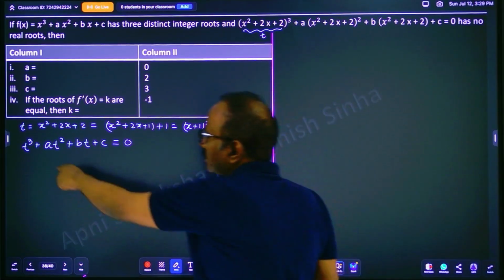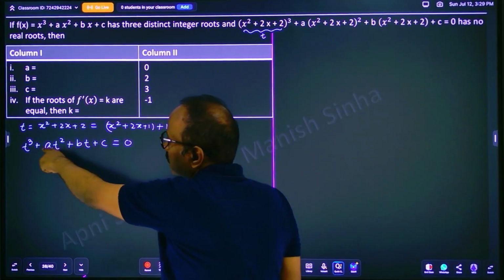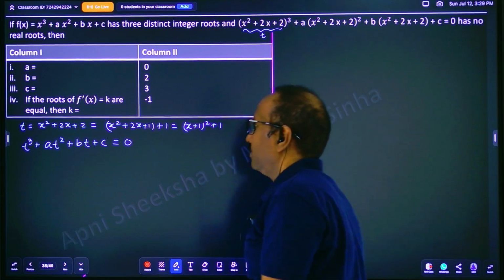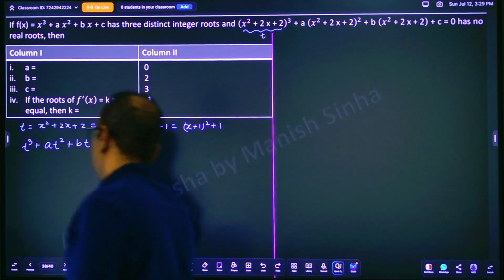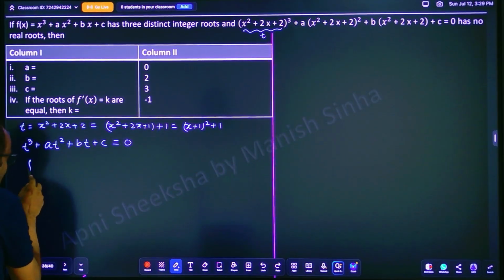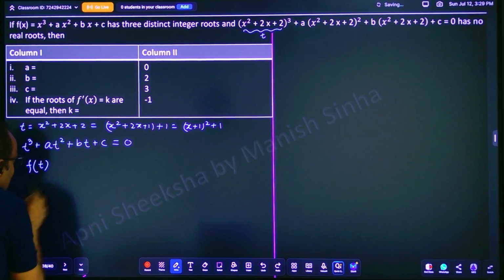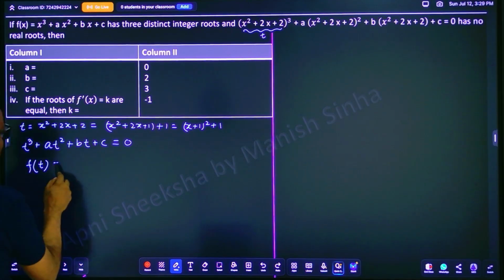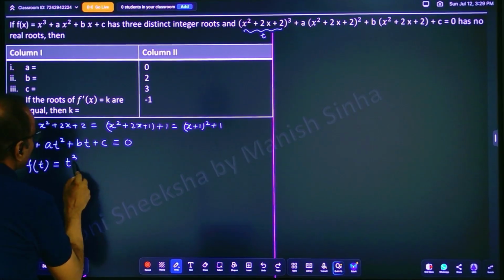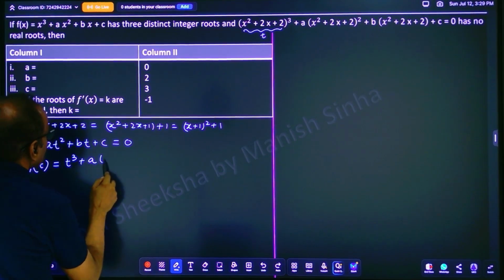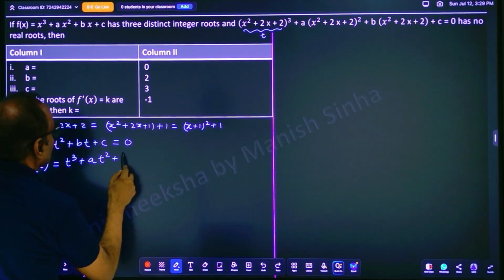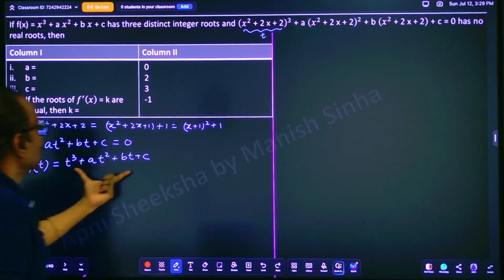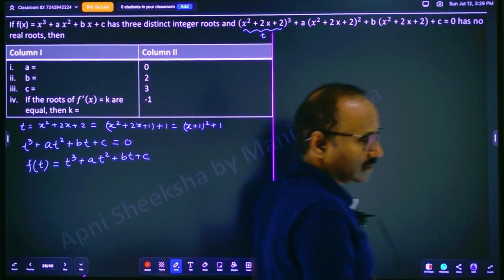but what is this equation? Can you notice that if you put t in function f, if you put t in place of x, then you are getting the same expression as it is here.